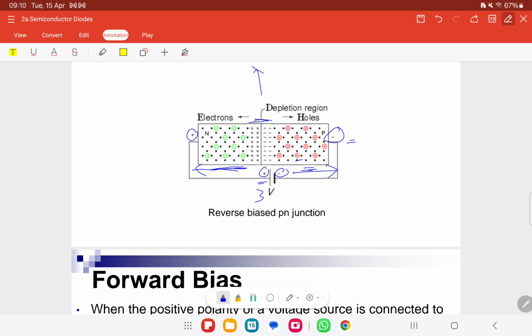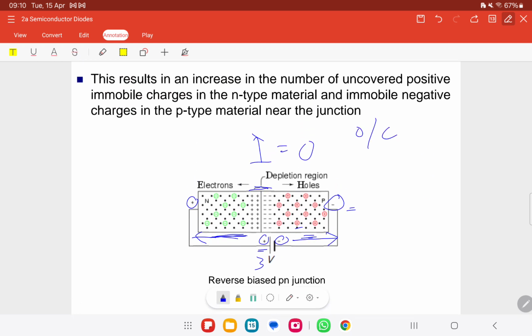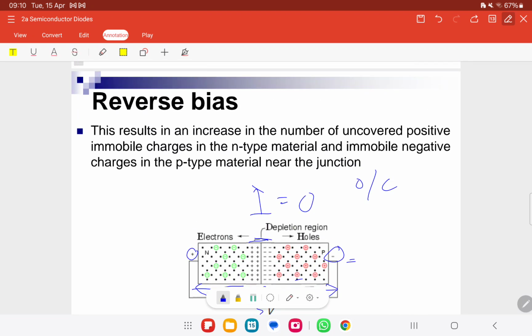And for this one, I equals 0. Open circuit, the current cannot flow. For this one, we call it reverse bias. Reverse bias is in the off condition. The diode is normally applied as a switch.